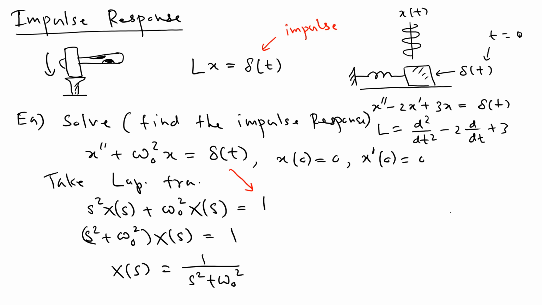You can see that this is very easy to solve. What we normally do is divide and multiply by omega naught.